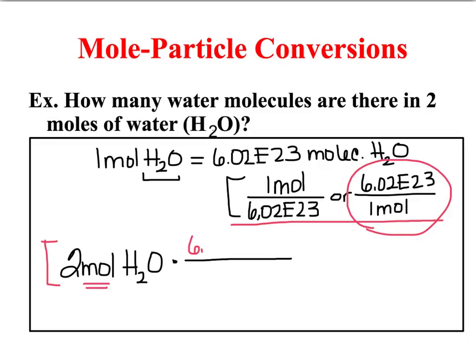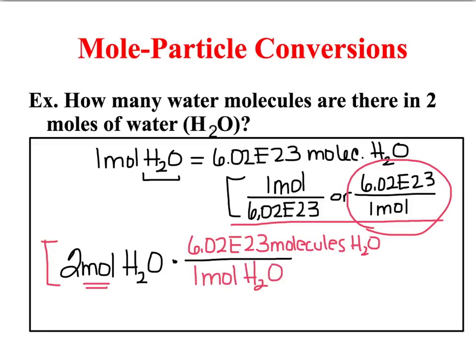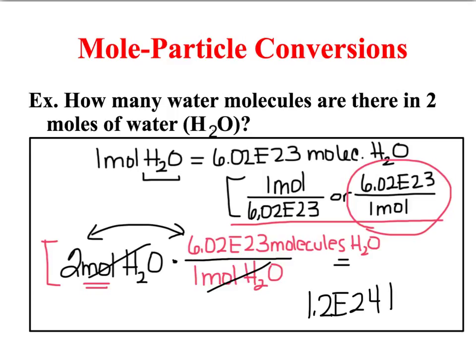So if we put 6.02 times 10 to the 23rd molecules of water on top is the same as 1 mole of water on the bottom. Notice that moles will cancel, and now we multiply the 2 times the 6.02 times 10 to the 23rd, and we get 1.2 times 10 to the 24th molecules of water.